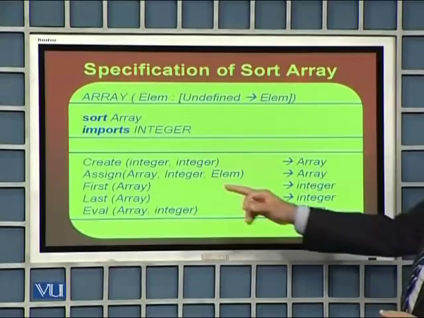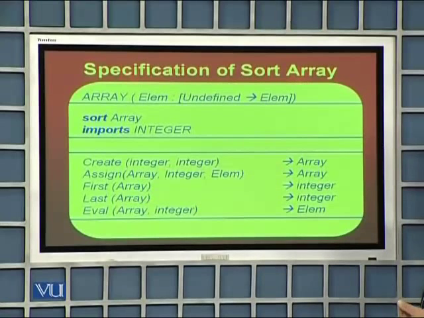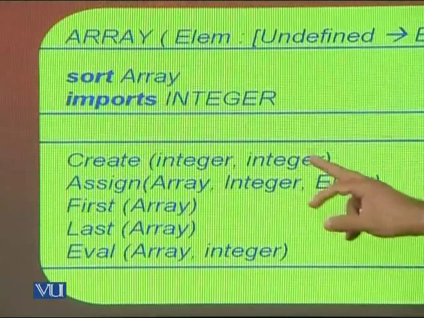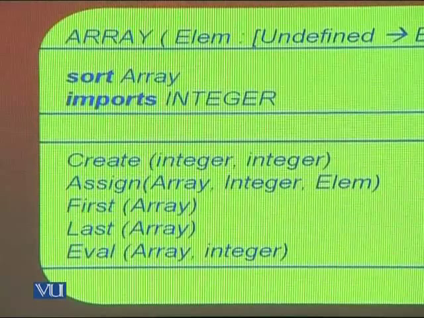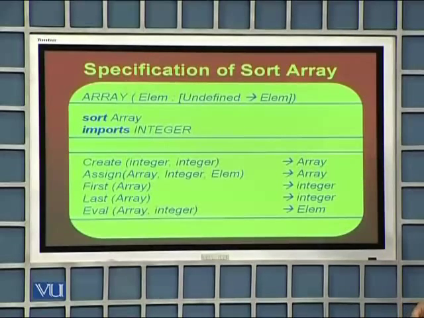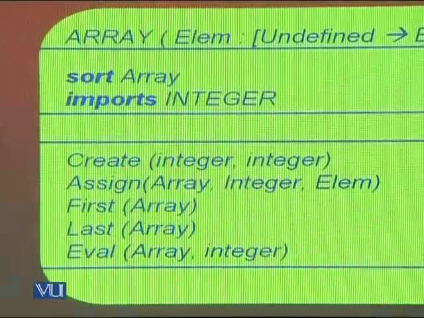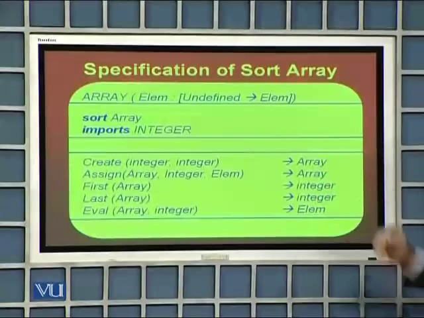There are 5 methods or functions supported by this sort array or abstract data type array. Two of these, the first 2 in this particular case, are returning an array. In the first case, this method create gives us a new array.